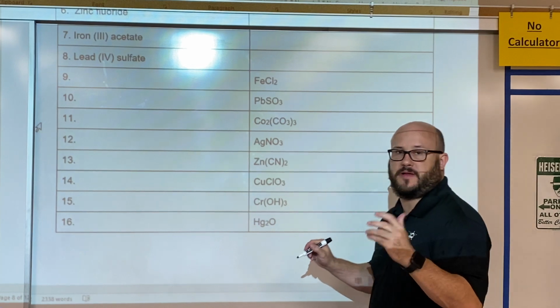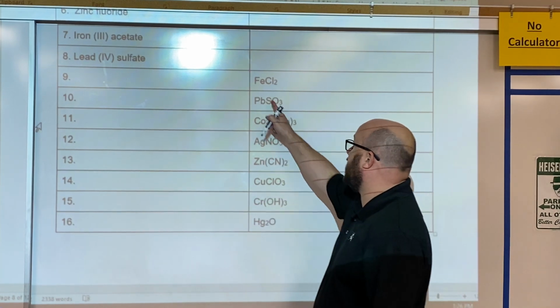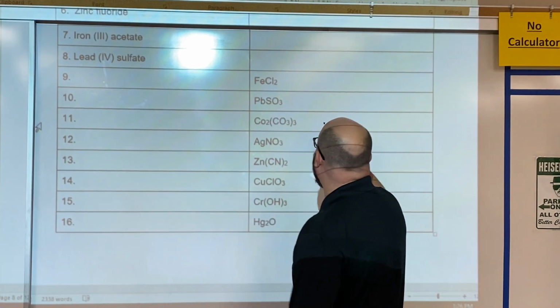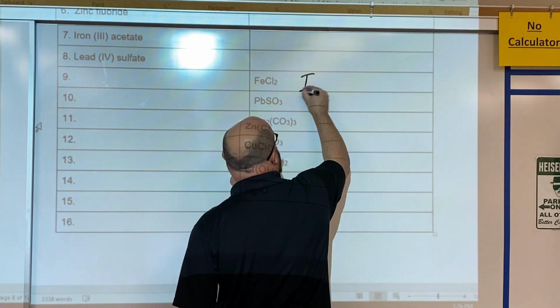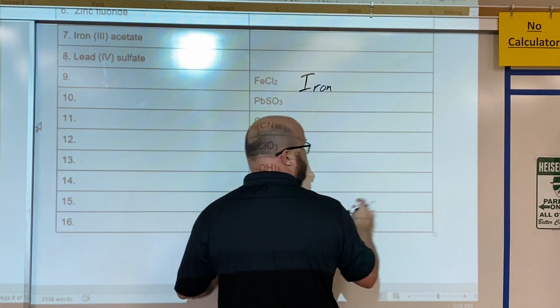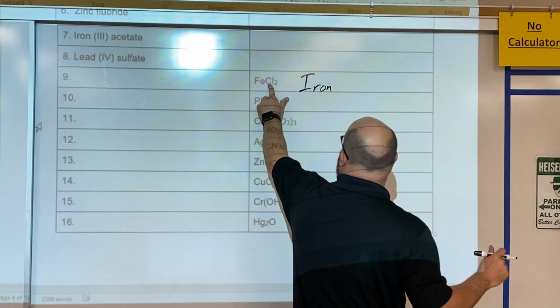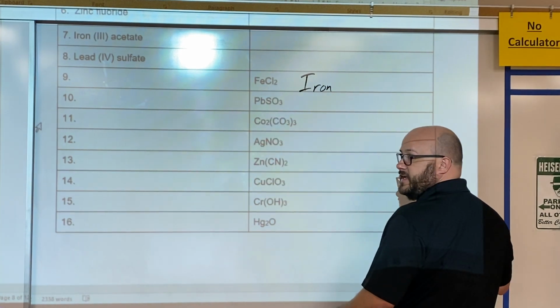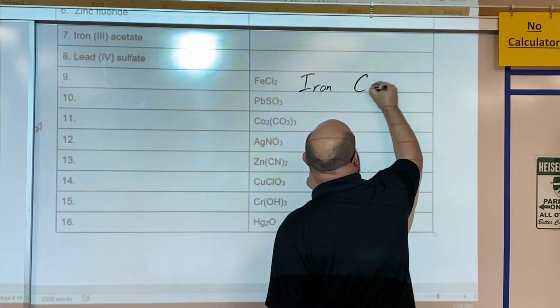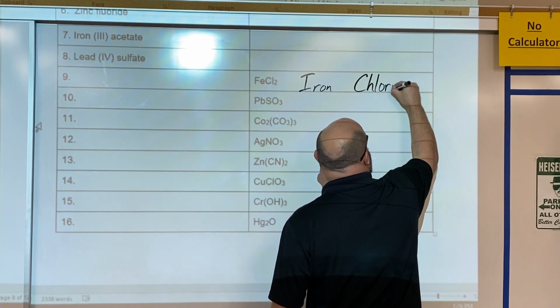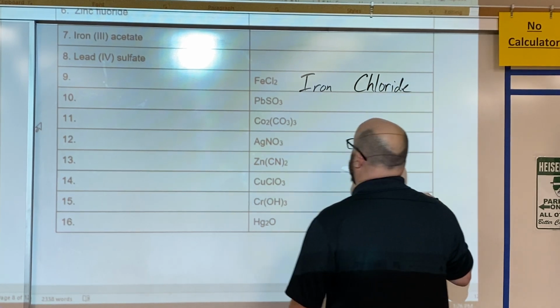The steps for doing this, we have to name the metal, iron, leave a space, name the non-metal but change the ending, iron chloride.